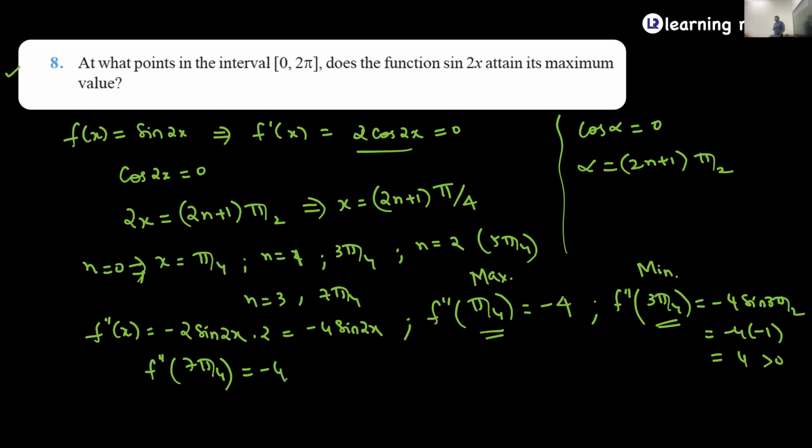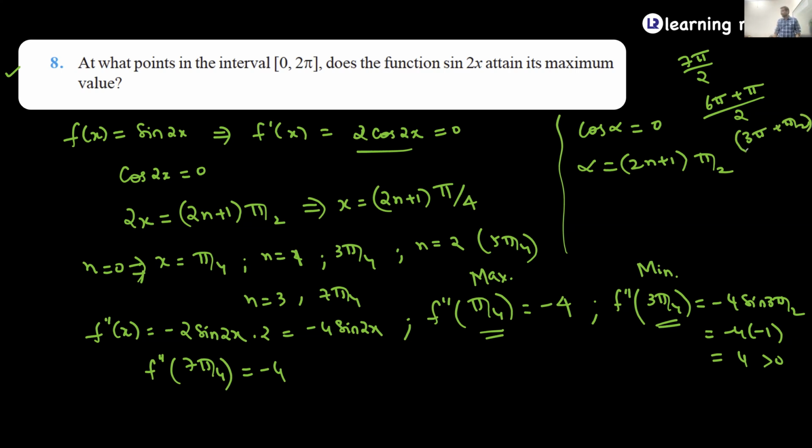See, it's very simple. How to do it faster is, you can write it as 6 pi plus pi by 2, that is 3 pi plus pi by 2.